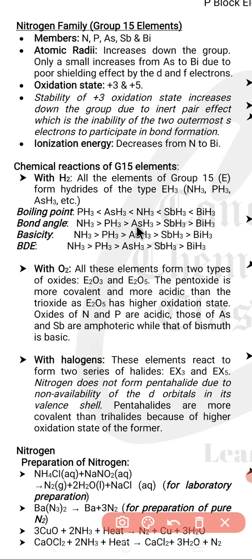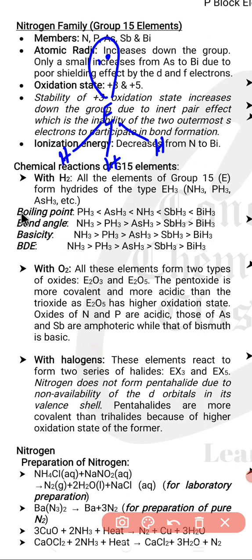These hydrides have this general structure. Let me draw it. This is E, the central atom, and it has a lone pair of electrons. In the exam, the properties of these hydrides are frequently asked.